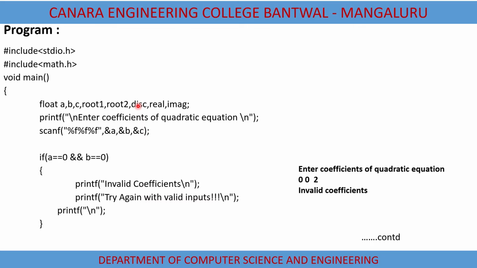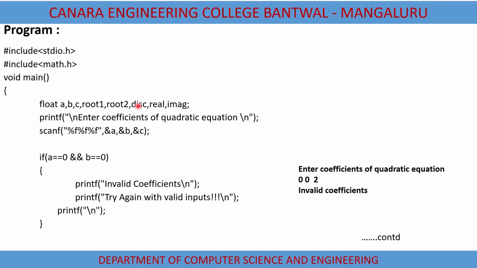If a is equal to 0 and b is equal to 0, then it is going to print invalid coefficients, and a message, try again with valid inputs. That finishes the first part of the program, which evaluates whether the coefficients are valid or not.